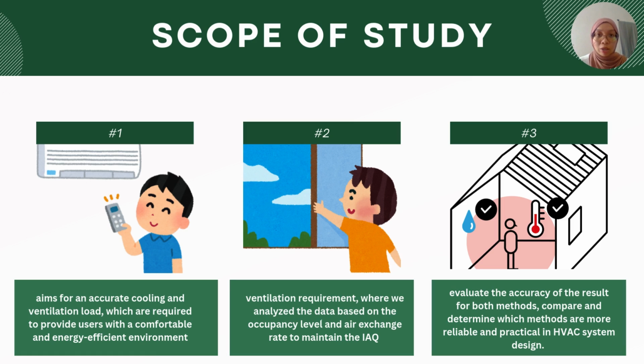And lastly, we are going to evaluate the accuracy of the results for both methods, Revit software and CLTD. We are going to compare and determine which method is more reliable and practical in HVAC system design for a badminton hall.